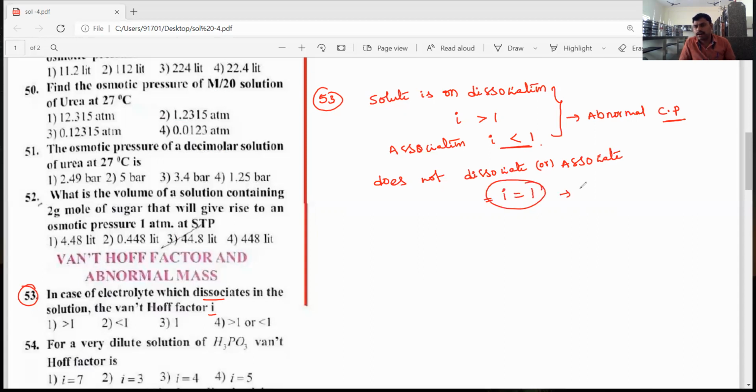That is called normal colligative property. Okay, dear students, now in the dissociation case they gave i value more than 1. The first option is correct.